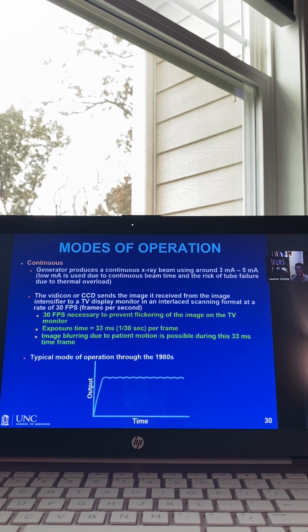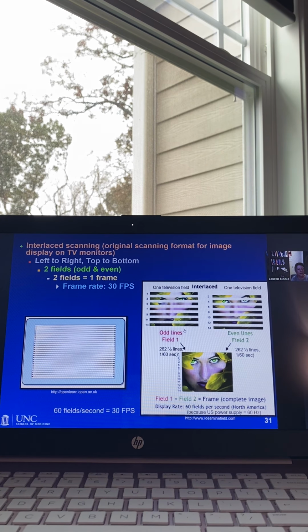So our image intensified unit in lab uses a very low MA and a long exposure time. And it has to use a long exposure time because we have to give the unit a chance to display that image. Okay? And it has to do with this interlaced scanning format here. This is what you're seeing here.